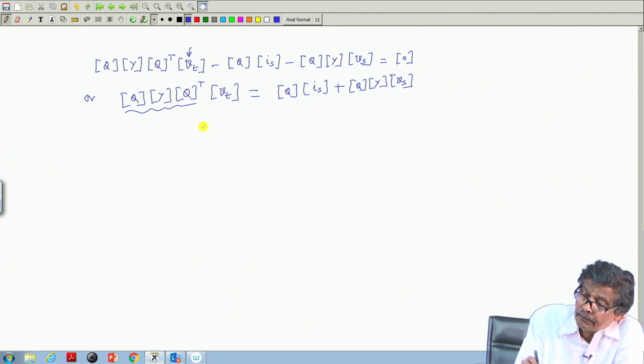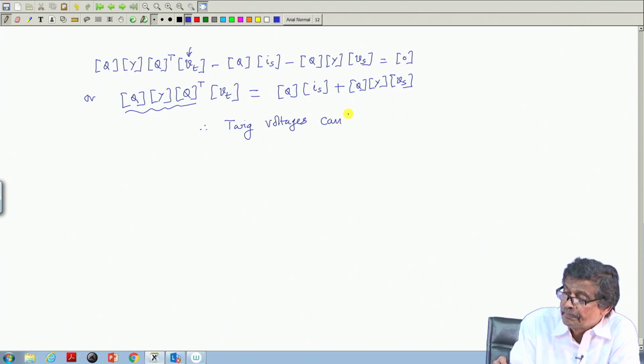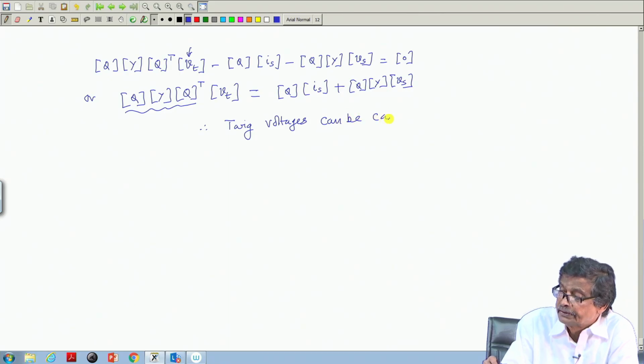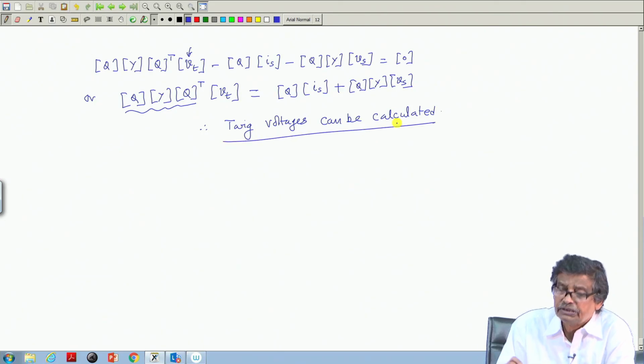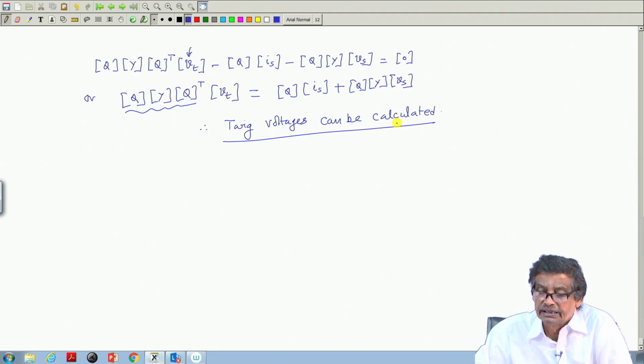So twig voltages can be calculated. And once you know the twig voltages, you have practically solved the circuit. That was the whole idea.